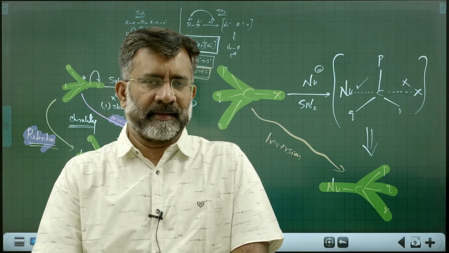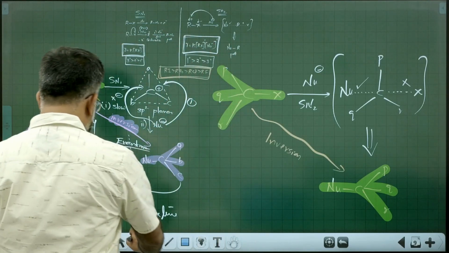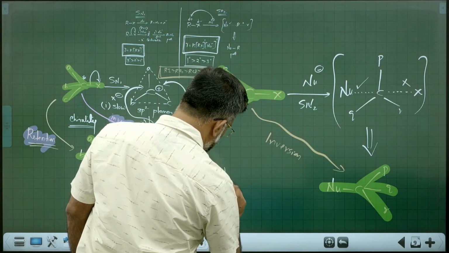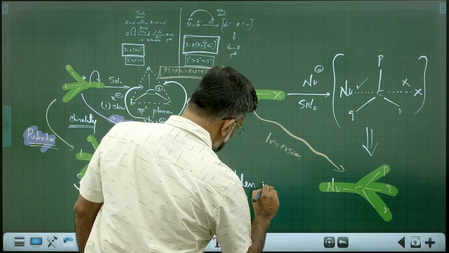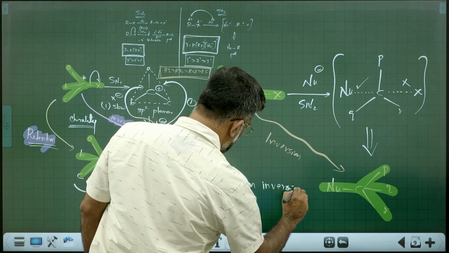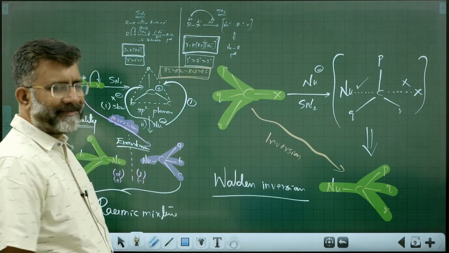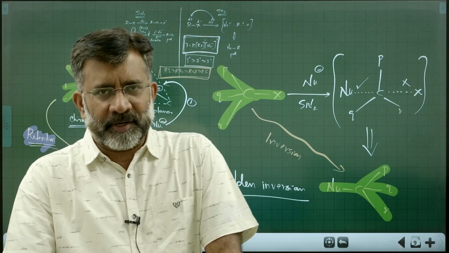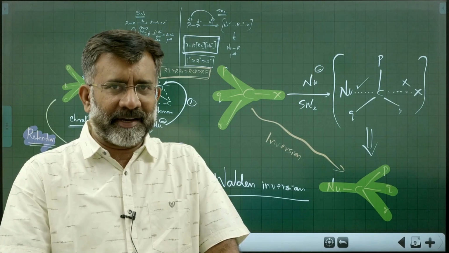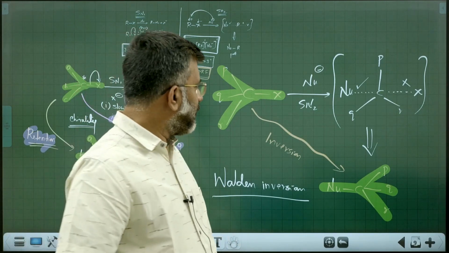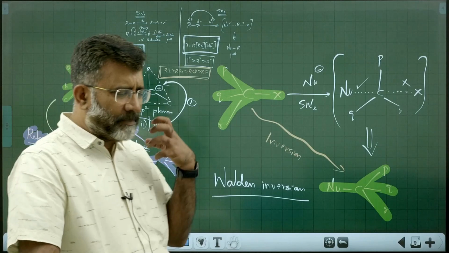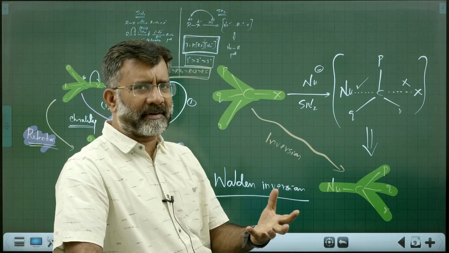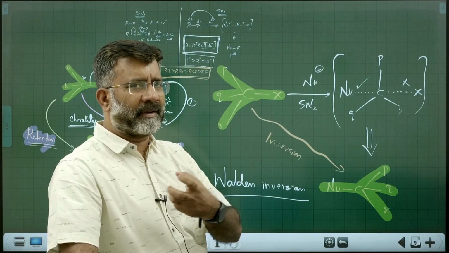Sometimes this is also referred to as Walden inversion. It is known by this terminology: Walden inversion, with 100% inversion. It is like an umbrella going upside down in a strong storm and heavy wind.